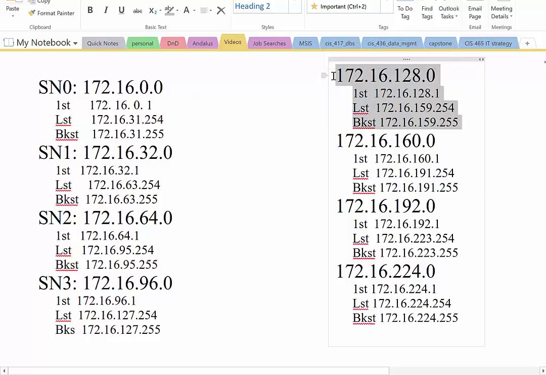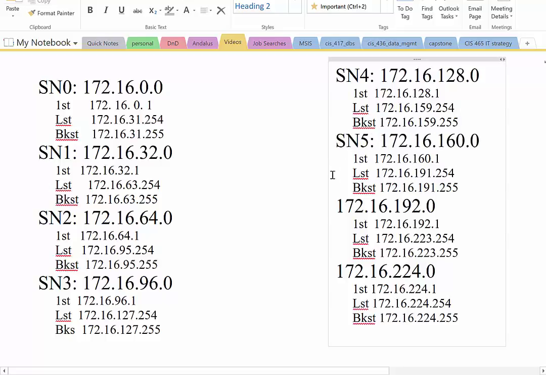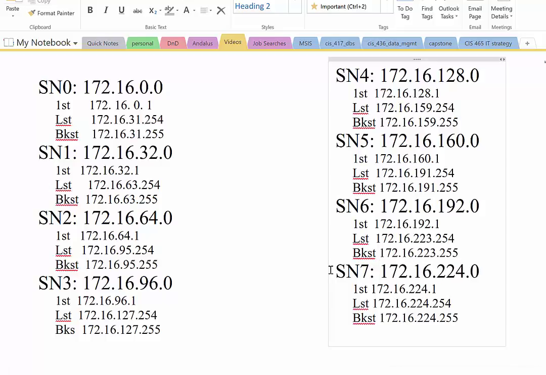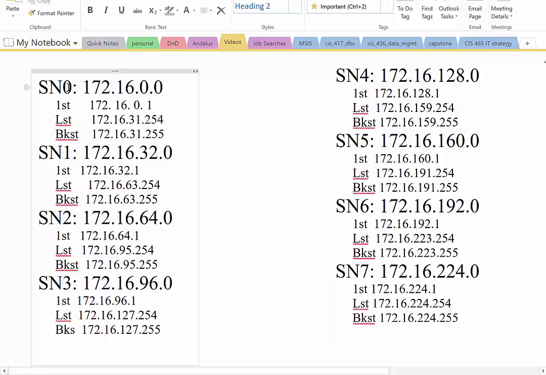Then we have over here on the right hand side subnet 4. Then we have subnet 5, subnet 6, and then we have subnet 7. All right, now we are done. So be sure to remember that you always start counting at 0. So subnet 0, subnet 1, 2, 3, 4, 5, 6, and 7.